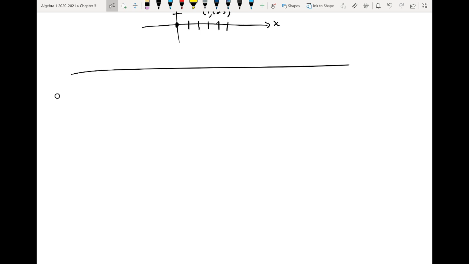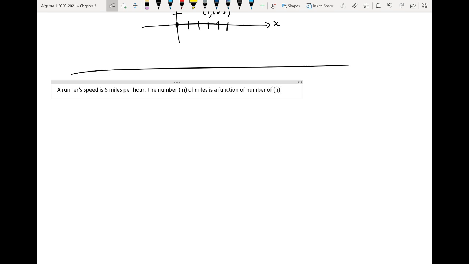One more example. A runner's speed is 5 miles per hour. The number m of miles is a function of the number h of hours spent running.